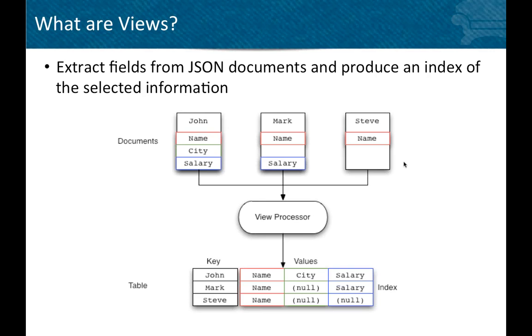So in the case of the document storage, the actual JSON for some of these users doesn't necessarily have city equals null or salary equals null. It just plain leaves the field out. That's going to be really common with schemaless storage. You'll store for each record what's relevant for that record.